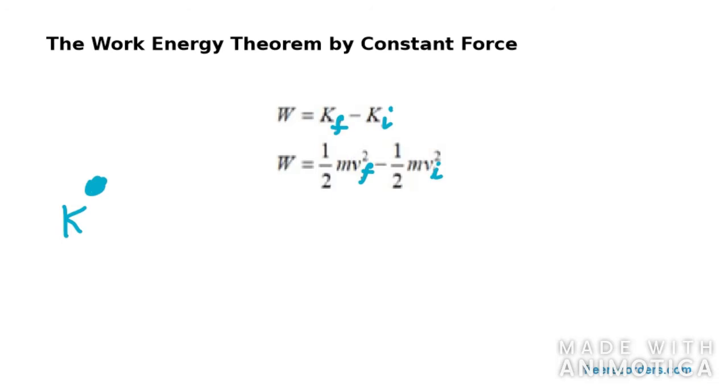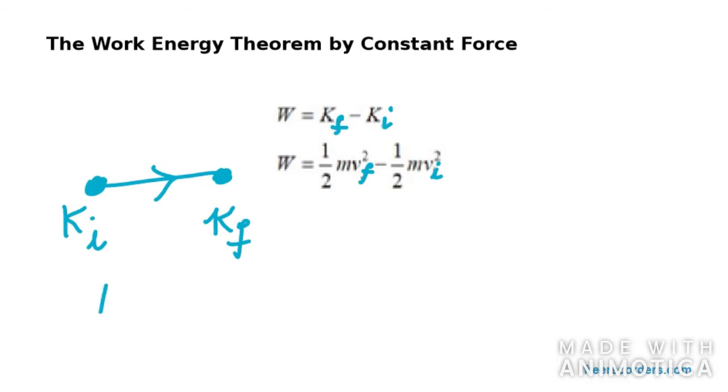So suppose we have Ki here and we have Kf here. So what will be the work done here?